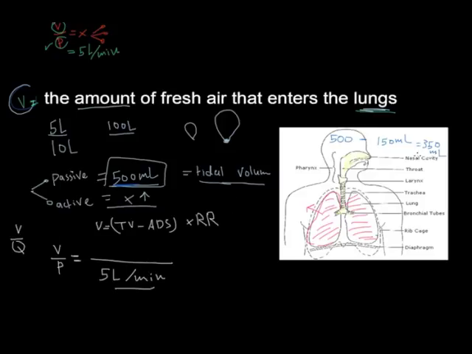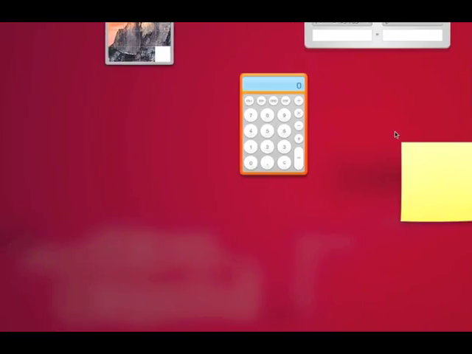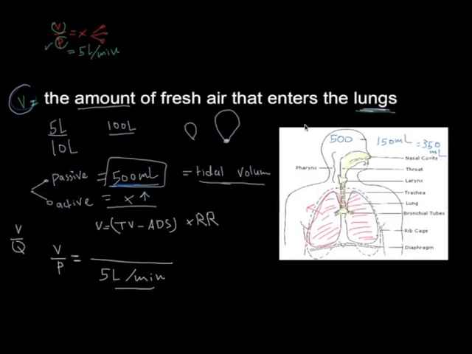So we're going to take 350 and multiply it by the average number of breaths an adult person takes, and the number is 12. So we multiply 350 by 12, and it gives us 4,200.